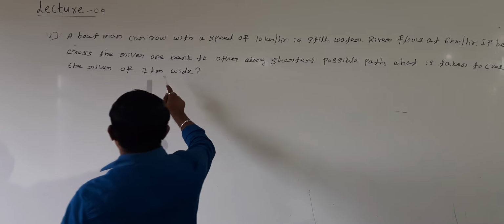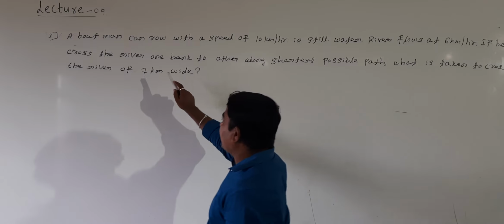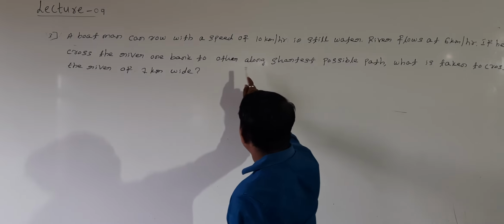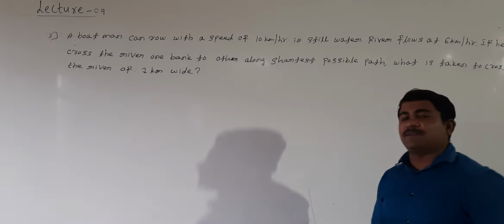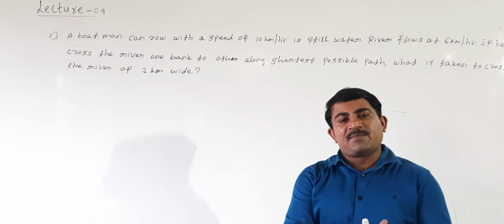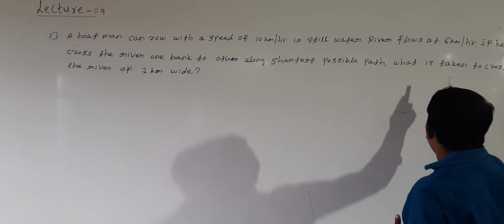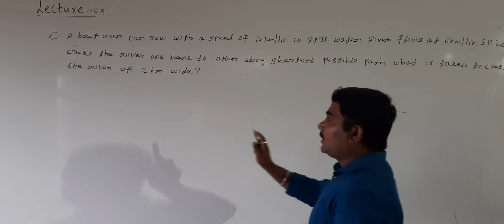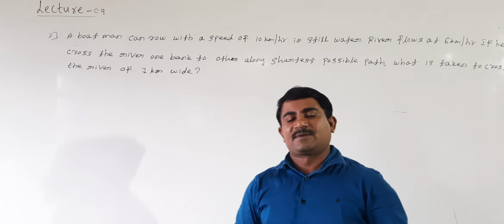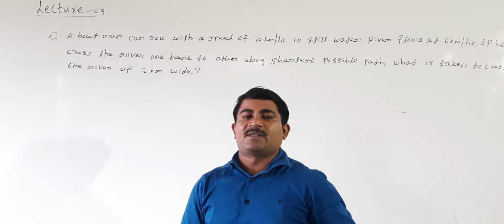If he crosses the river from one bank to the other along the shortest possible path, what is the time taken to cross the 1 km wide river?